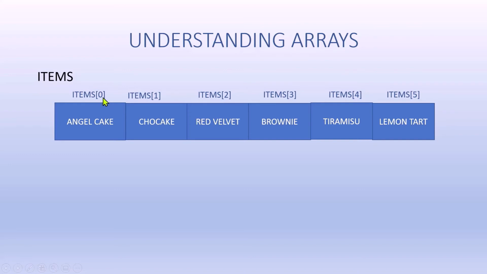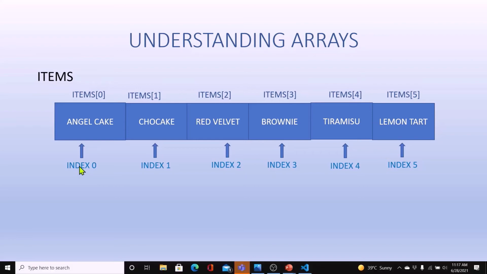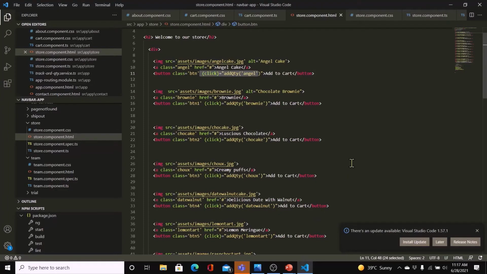Now this position is also called an index, and so we can have index 0, index 1, index 2, index 3, 4, and 5. Now that we've understood what an object is, what an array is, why we need those two, let's get back to the code and come right to your store component TypeScript file.